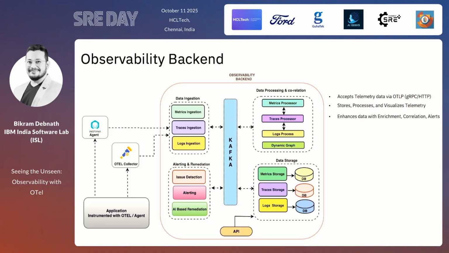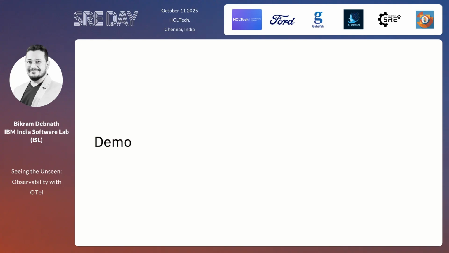Finally, once you have the crisp data, you store it in different data storage, which gets exposed via the API, and on the UI you visualize that data. Now let's go ahead and see the demo.